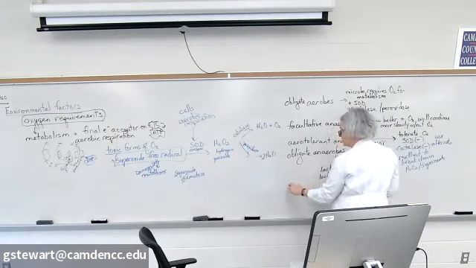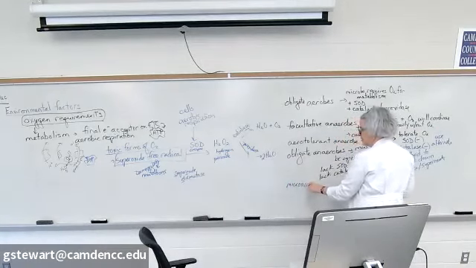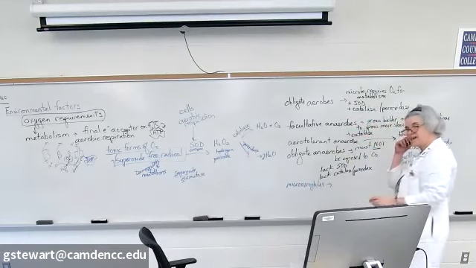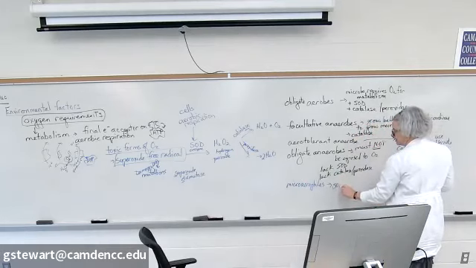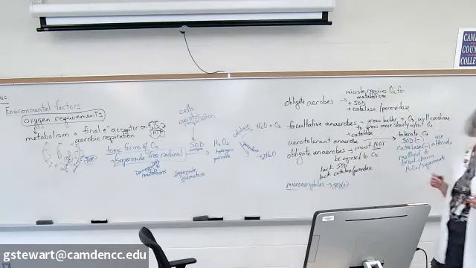And then last but not least, I would put on this list what we call the microaerophiles. I think they only have SOD, so they have part of the pathway. But they live where there's only a little bit of oxygen, micro, smaller.